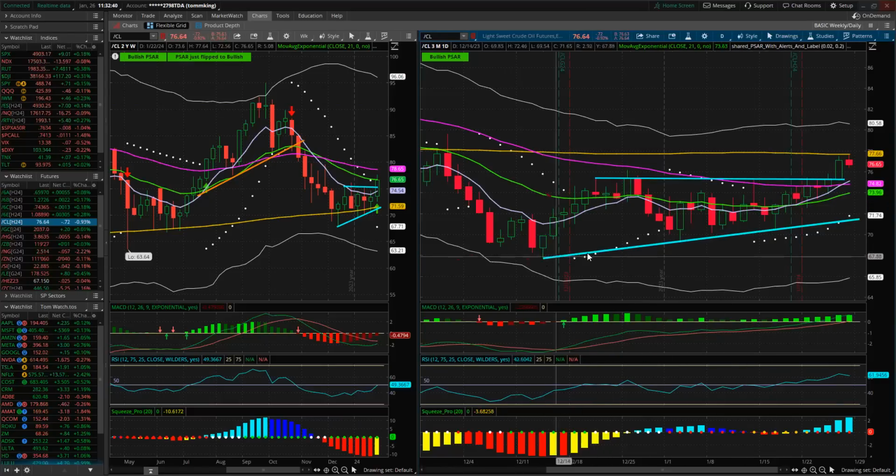Then the uptrend line here, 3 touches, 1, 2, 3, almost a 4th here. So it's a decent uptrend line. You had a bullish PSAR reversal back here, and you're getting farther from the PSAR signal. The farther you get, the more bullish that trend continues to be. And then you broke yesterday in a pretty violent move to the upside.